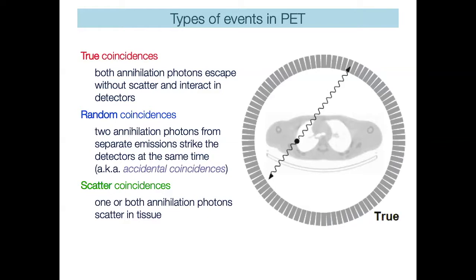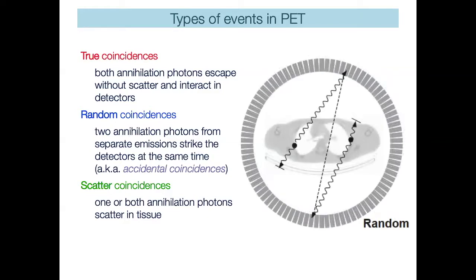What we also detect is random coincidences. A random coincidence happens when you have 2 annihilation photons from 2 separate emissions in the body that happen to strike the detectors at the same time. And so these random coincidences falsely get attributed to a different original event, as you can see in that connecting line here.